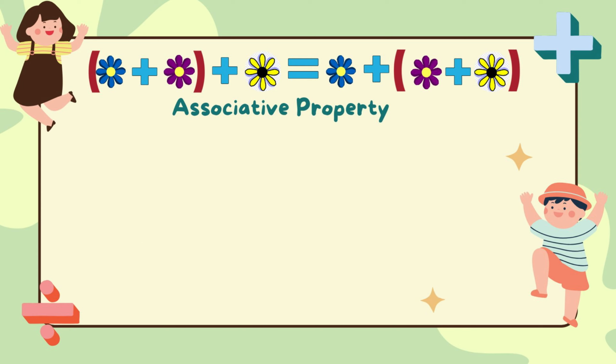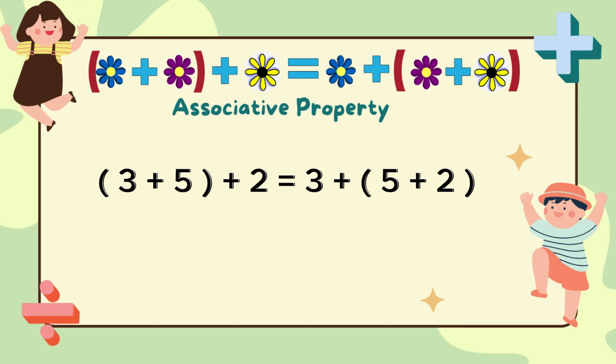Okay, so let's have an example. The quantity of 3 plus 5, plus 2. On the left side, 3 and 5 are together. On the right side, 5 and 2 are together. So, what happened is, on the right side, 3 is no longer in the grouping. So, let us solve. 3 plus 5 is equal to 8. Bring down 2, so plus 2.